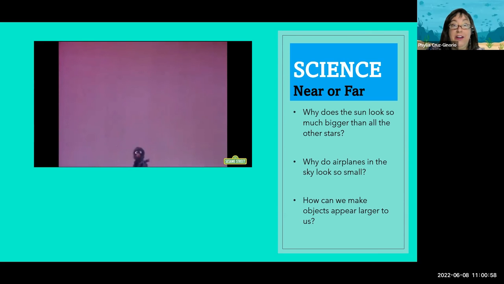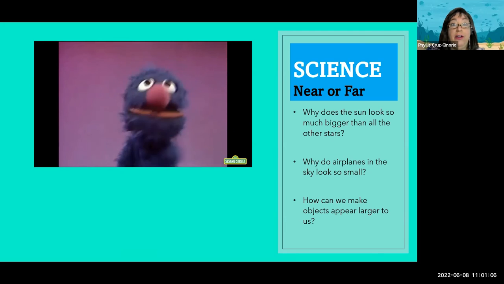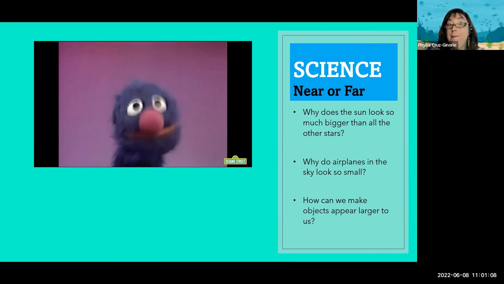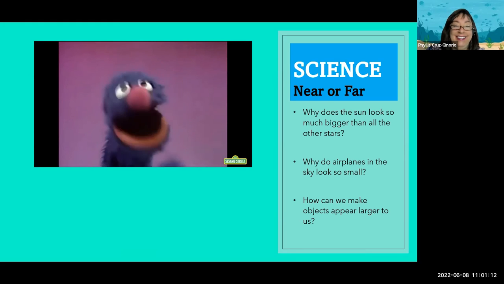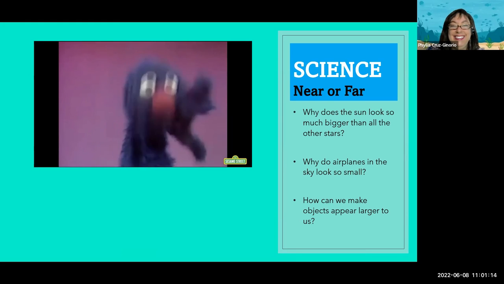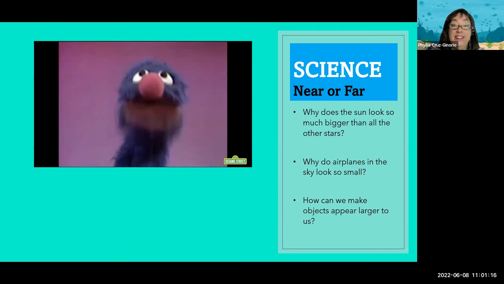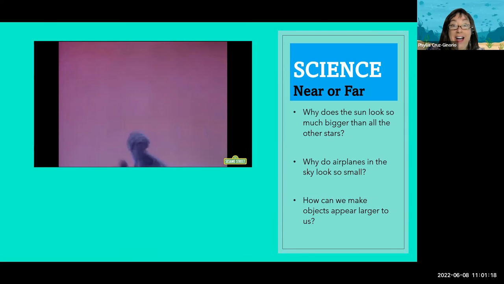This is far. He's far away. Look at the difference in size. He didn't shrink. He just got farther away. And this is near again. Want to see one more time? Okay, this is near. This is far.